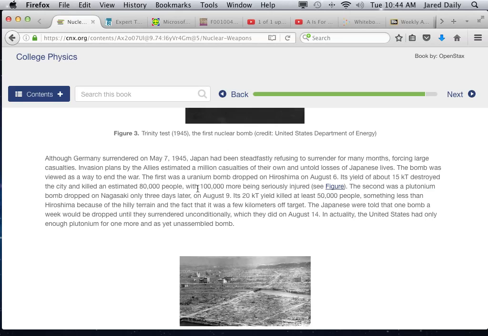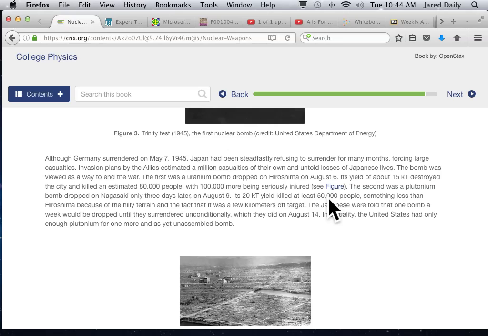And the government didn't believe it. They were kind of holding out and they were in denial. So they just decided they would drop it anyway. The second one you can see 50,000 people, right? There are some reasons. There were more hills there, and also they didn't quite hit the spot they wanted to.